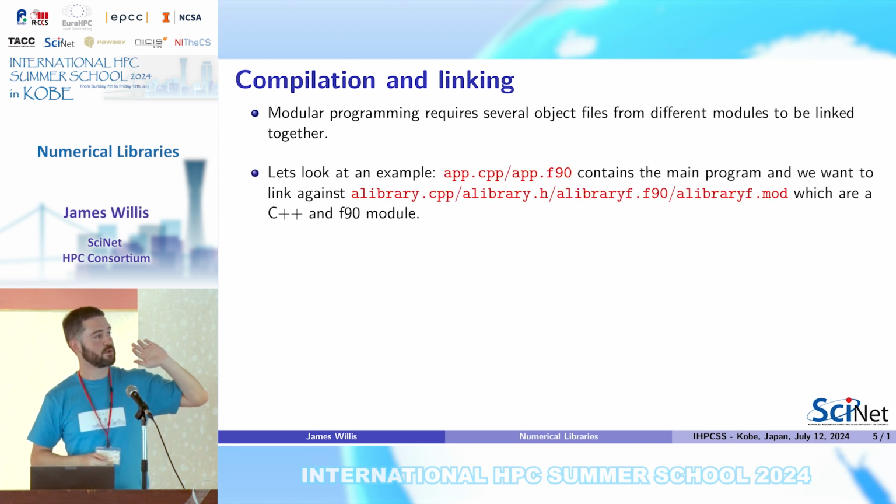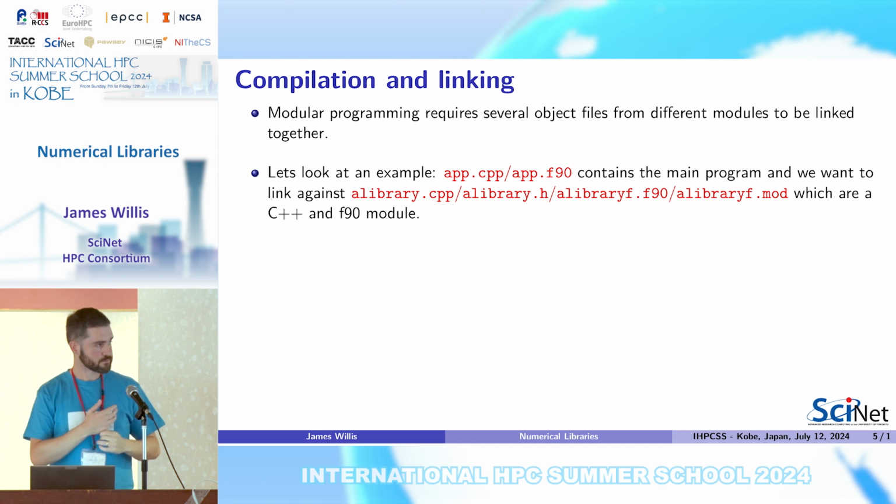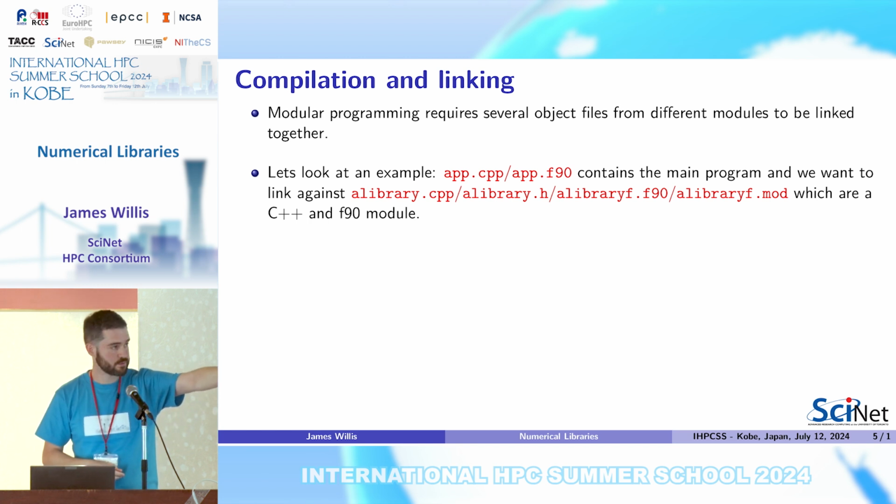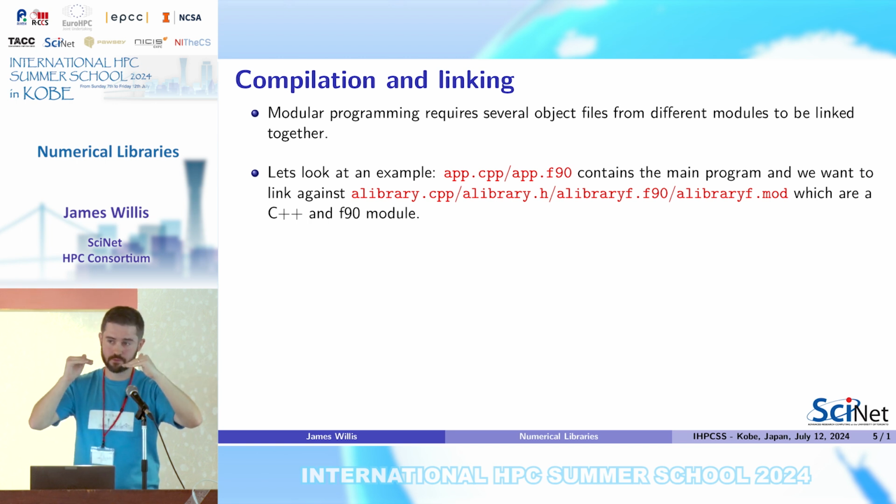Say you have a main program called app, and it contains library calls to, let's just call it a library, which is .cpp in C++ and F90 in Fortran. And what we'll do is access the functions from the API in the header files. That's where we'll get the top-level view of the libraries.